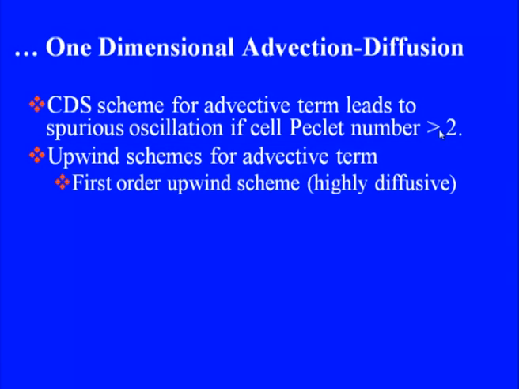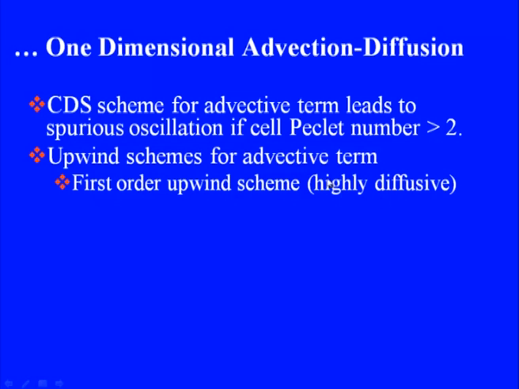To ameliorate this situation, what we normally do is use upwind schemes for the advective term, and there are various choices available. We will see one of them today, that is the first order upwind scheme. It eliminates the oscillations altogether, but it introduces what we call a diffusive term in the equation, which gives us a highly damped profile. That is why people say that this particular scheme is highly diffusive.